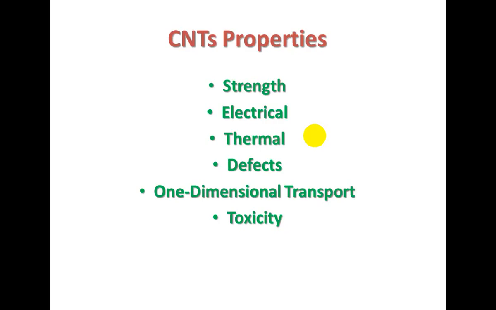Now we come to the important topic of CNTs, their properties, through which they preserve their place of important application in our life. That is strength, electrical property, and thermal property, and with these advanced properties it also has some demerits: one-dimensional transport property and toxicity.